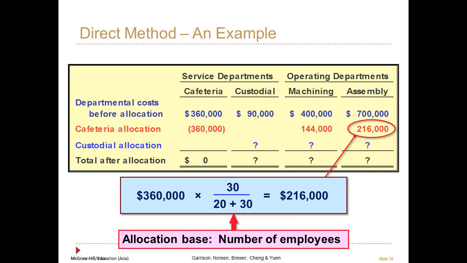To allocate cafeteria costs to assembly, we multiply 60% times $360,000 and get $216,000. Note that the sum of the costs assigned to assembly, $216,000, and machining, $144,000, is equal to the total costs assigned from the cafeteria, $360,000.